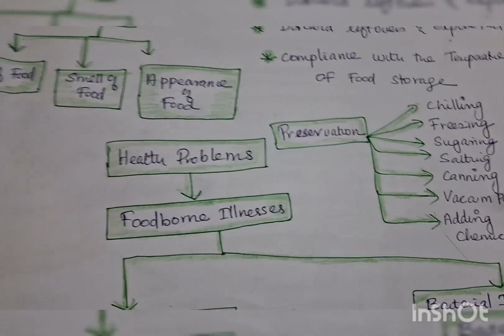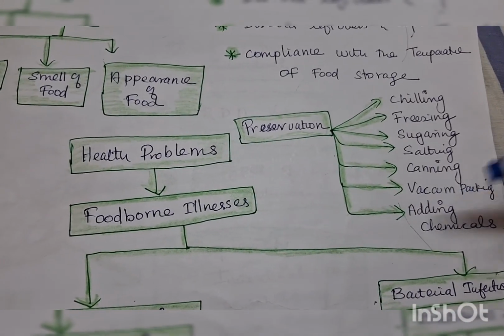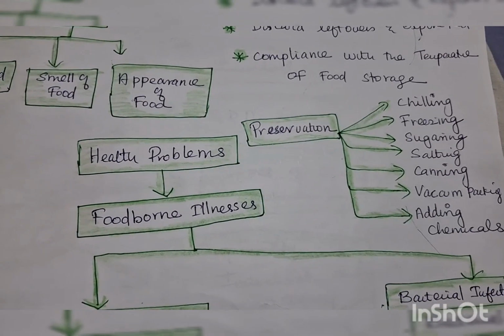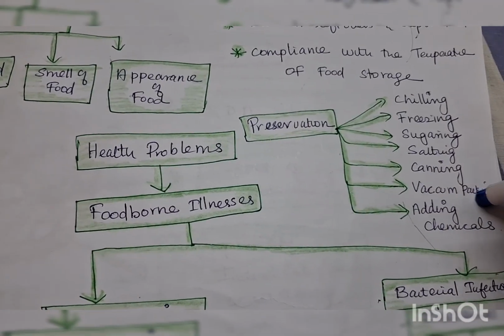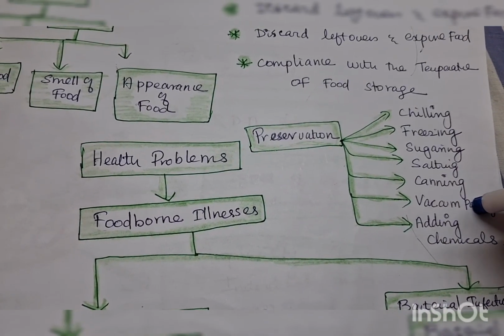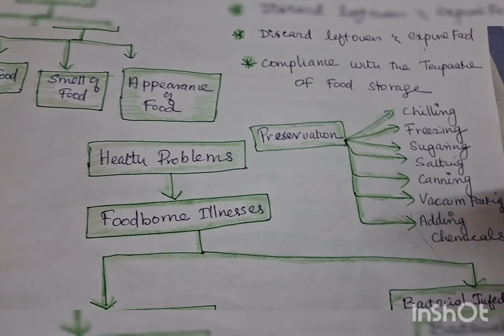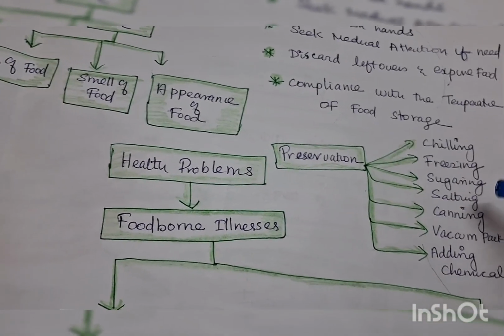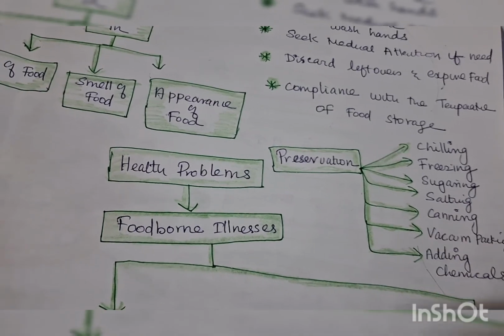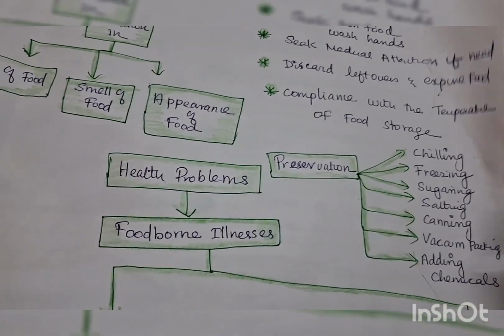What chemicals? We are adding nothing, but we add vinegar. Most of the time, if chili is more, we put chili and use vinegar. Vacuum packing is an example: take Lays chips, they put some air. Why do they put air? Vacuum packing is also a kind of preservation. Salting, chilling, freezing: these are all preservation methods.